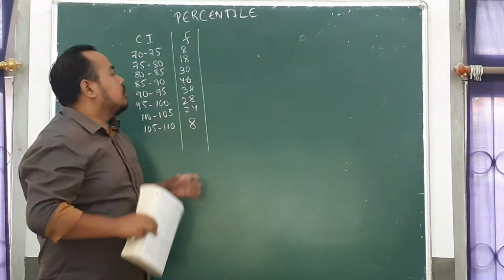Whenever you are to find the median, decile or the percentile, the first column that you are to construct is the cumulative frequency, CF. What is cumulative frequency? You have to add the frequencies. The first frequency is 8.